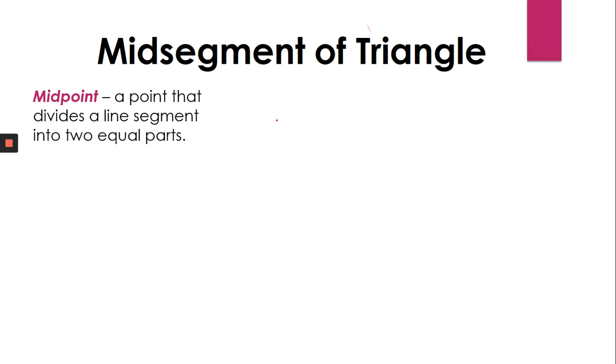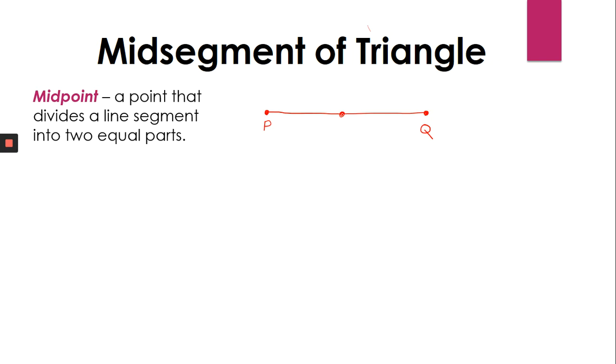So if you have a line segment, a line segment is part of a line having two endpoints. Let's say you have segment PQ. It has two endpoints. Now say this segment PQ has a midpoint, a point at the middle of this line segment.